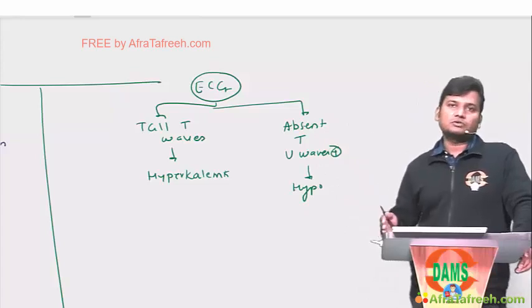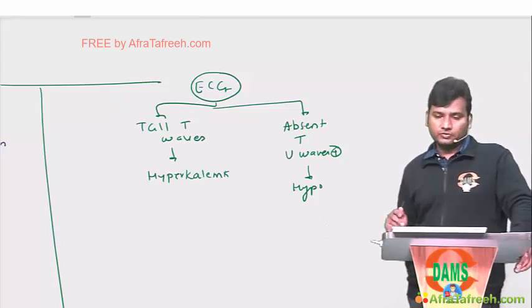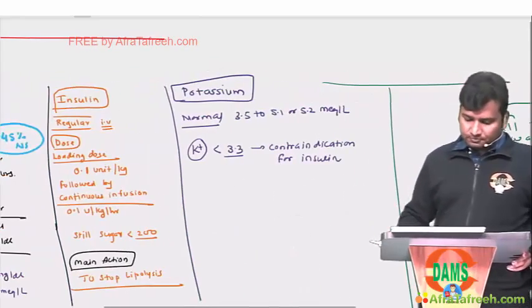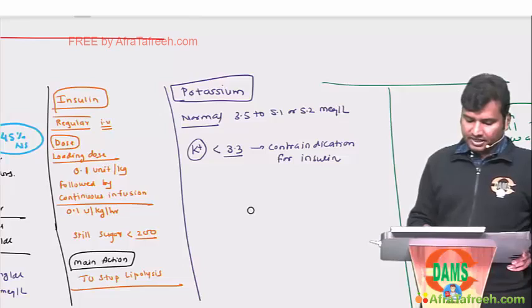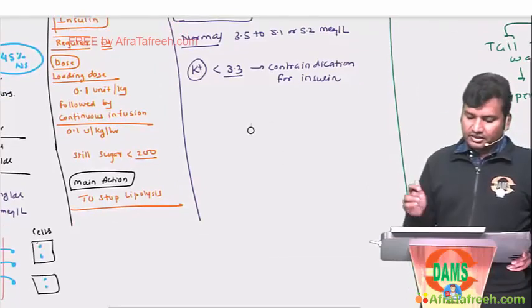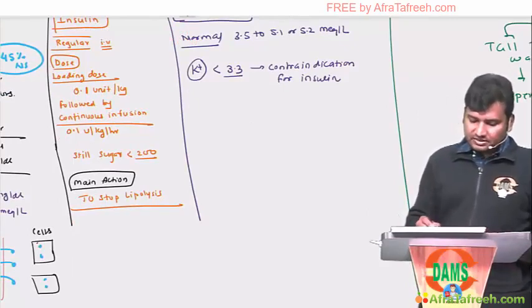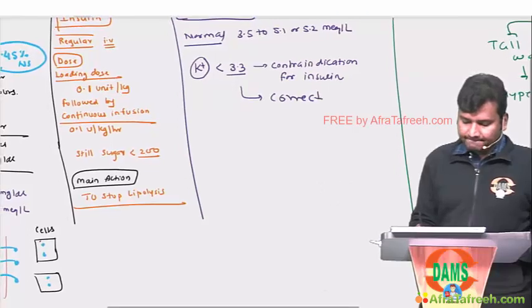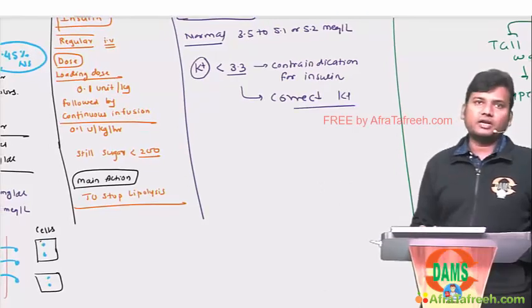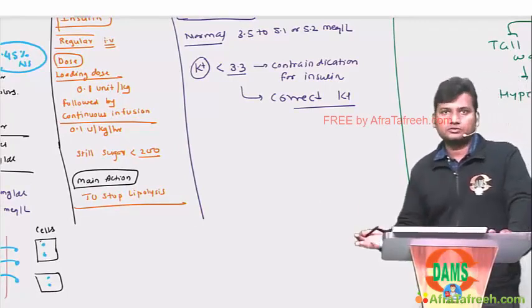Give potassium chloride, correct potassium, then you can go for insulin. Okay. Now what is your MCQ? Potassium less than 3.3 is a contraindication for insulin. In such patient, first step we have to correct potassium. After correction of potassium, you can give insulin.